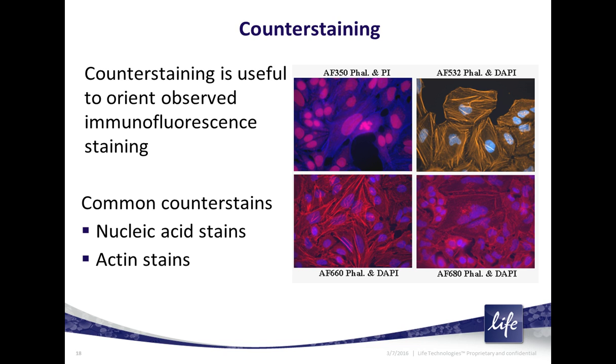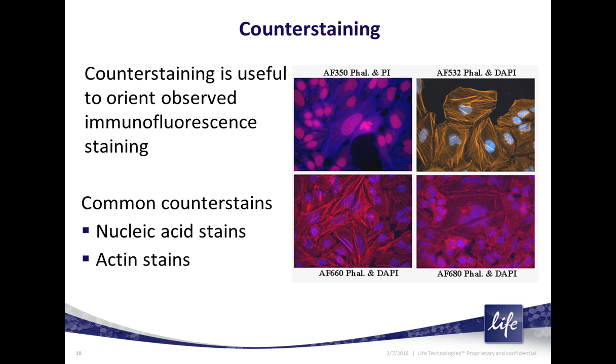Other common counterstains might be, for instance, phalloidin conjugates, which will label the F-actin in cells. Here you can see various colors of the phalloidins that were used and some images that I took. The F-actin gives a very general outline of the cell cytoplasm because of the abundance of actin filaments, and actin is a cytoskeleton component in cells that helps maintain morphology.